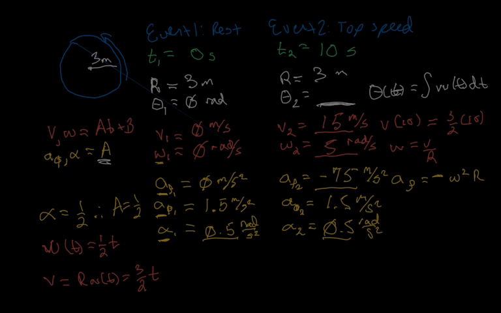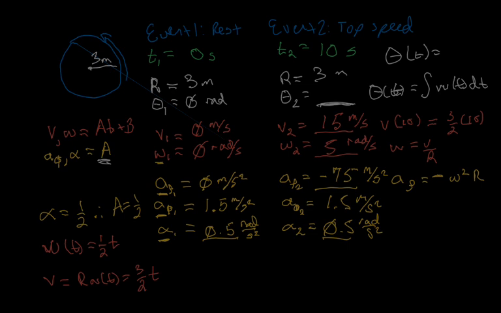So if you integrate that and you understand that you're going to be at 0 radians at the beginning, so your initial constant is going to be 0, you're going to end up with theta of t equal to, and remember what you're integrating is v divided by r.